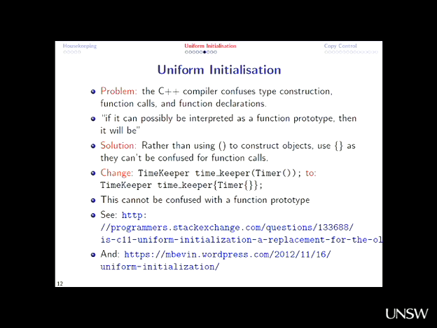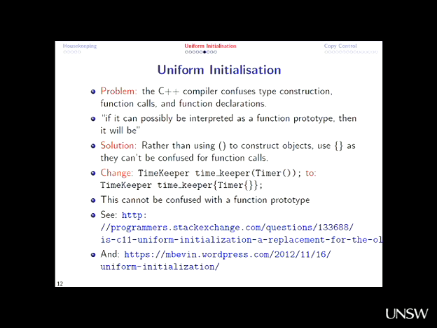If your code can possibly be interpreted as a function prototype, it will be. And as you saw in those 2 examples earlier, you don't get error messages at that point. You get error messages later on when you try to go do something. It goes, oh, I'm not a function, I'm not an object.